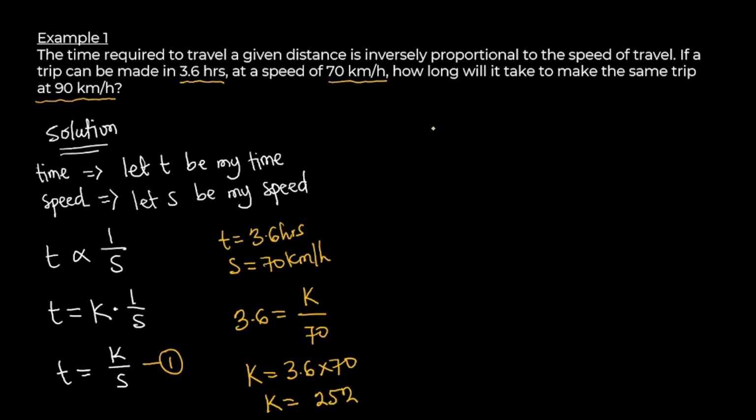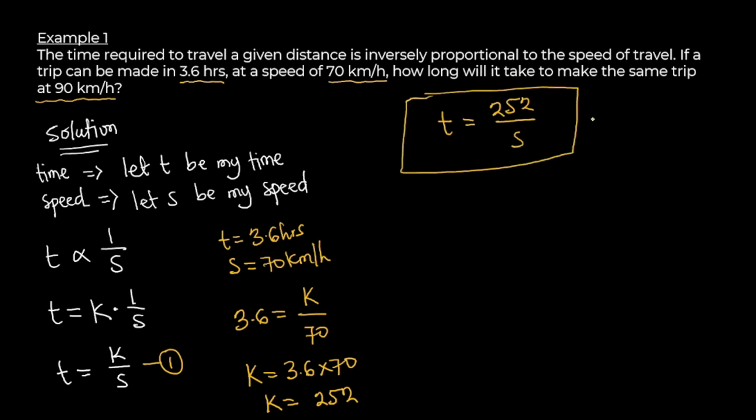This means that the actual equation showing the relationship between the time traveled and the speed is time equals 252 over the speed. So this becomes our actual variation equation, assuming the question asks you to find the variation equation.